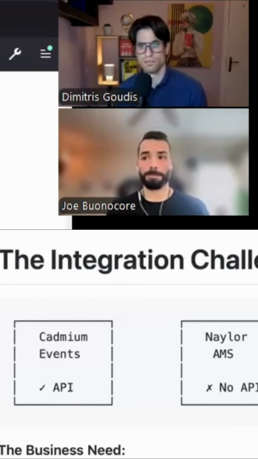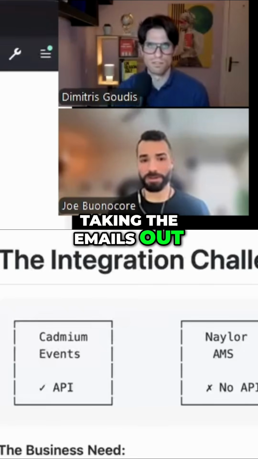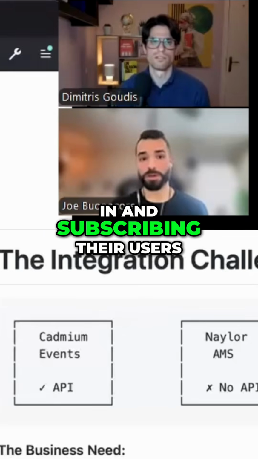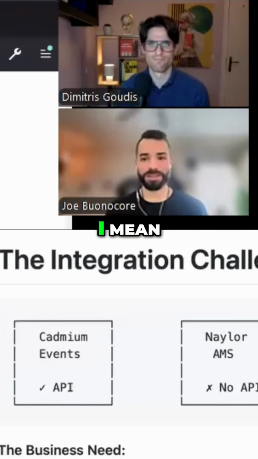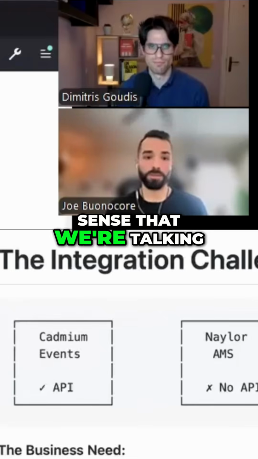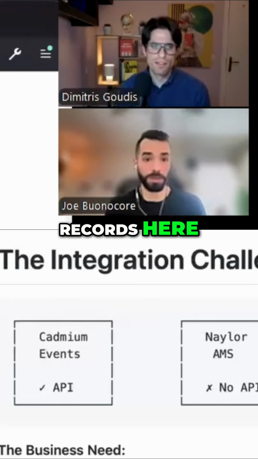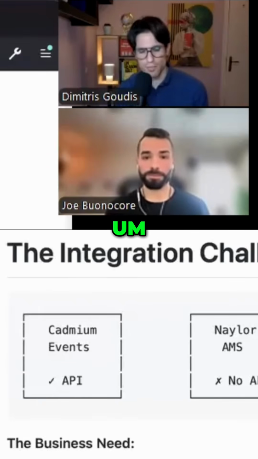And so they were taking those CSVs, taking the emails out, and manually importing those in and subscribing their users. Very tedious process. I mean, it's not complex, I should say, pretty simple, but tedious in the sense that we're talking hundreds of thousands of records here. And having to keep those in sync.